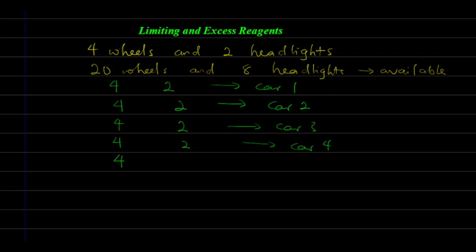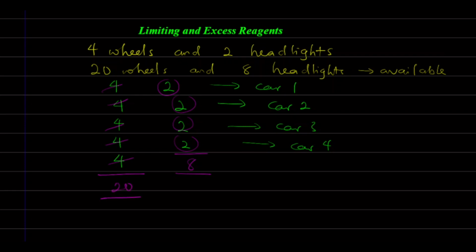With this, we have used up the headlights. Calculating it, we have 2, 2, 2, 2, which makes 8 headlights. And if we calculate the number of wheels, that's 4, 4, 4, 4, 4, which gives us 20.